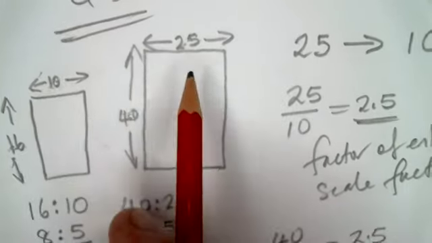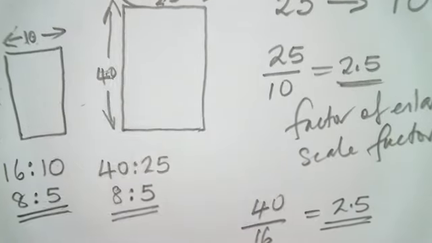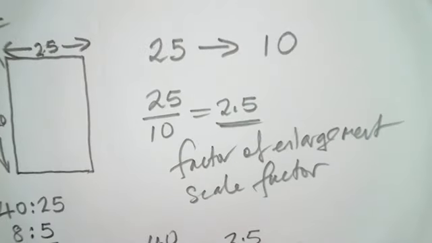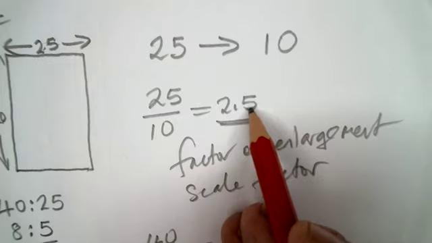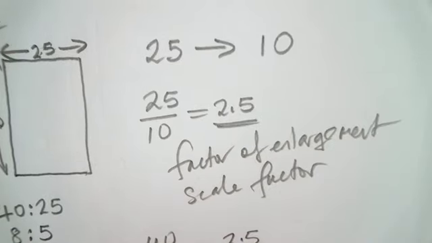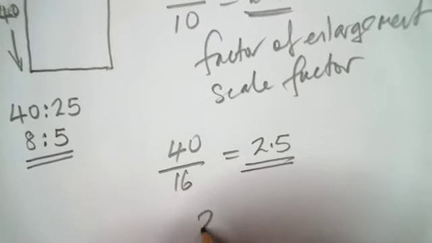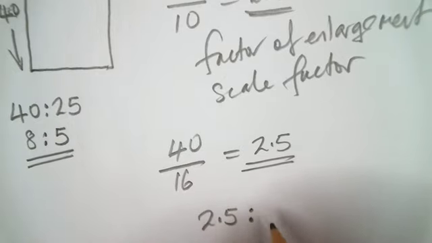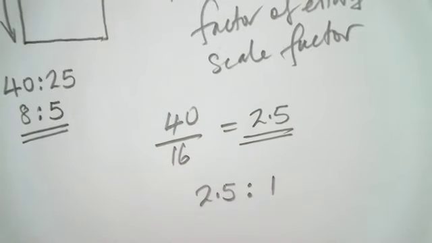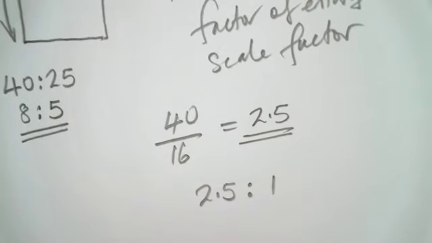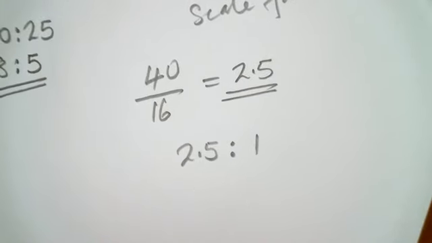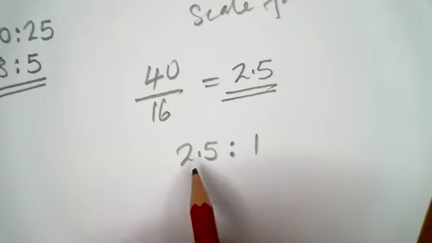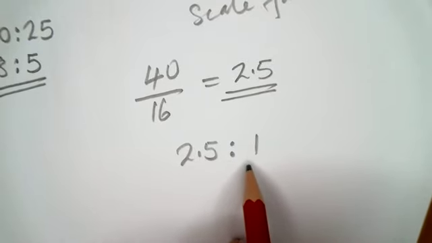Now, we can't claim, though, that the ratio is 2.5 compared to 1. It would be useful to say the ratio is actually 2.5 to 1. Now, you can do that, but generally speaking, ratios, we use whole numbers. So what we need to do is convert these to the nearest whole numbers.